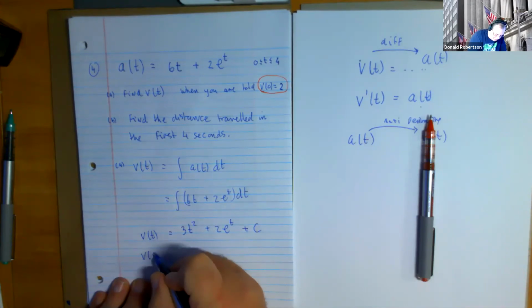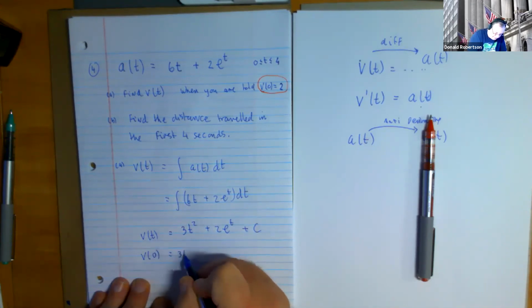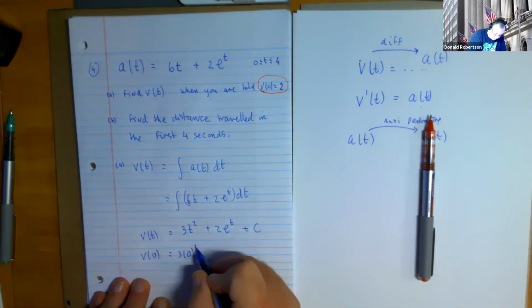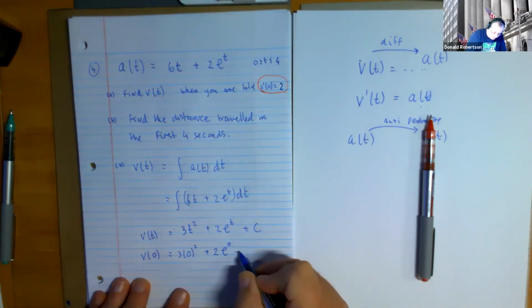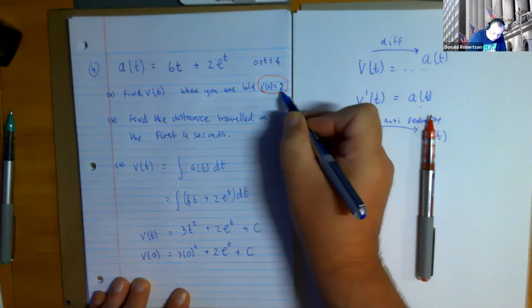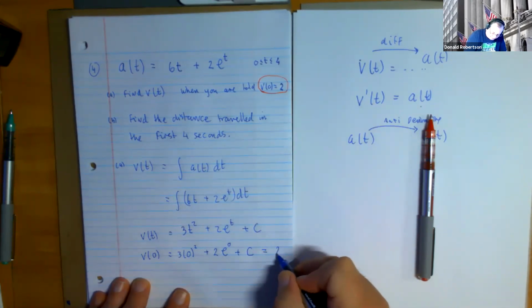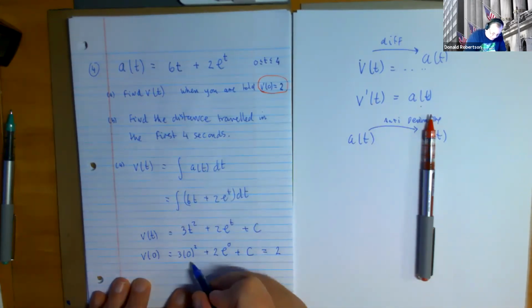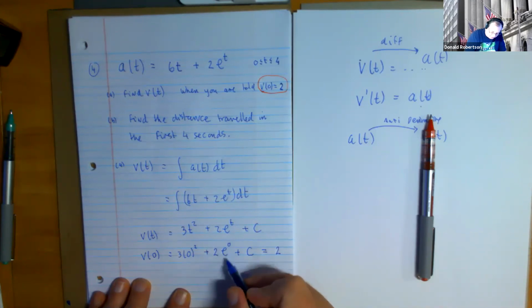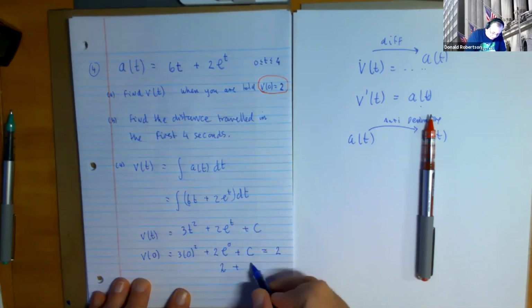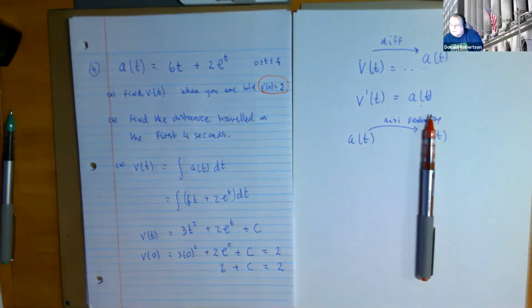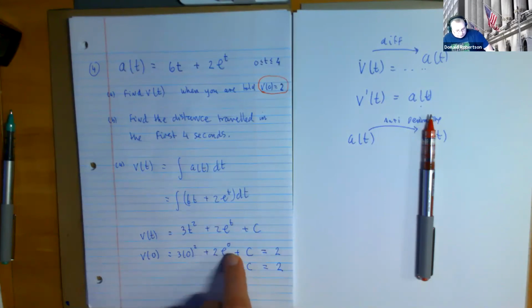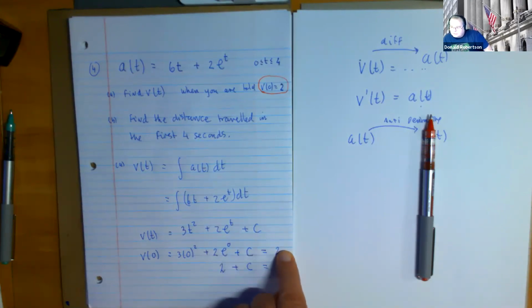The velocity at time 0 is 3 lots of 0 squared plus 2 lots of e to the 0 plus c, and we're being told that it equals 2. Well, that's nothing. Isn't that 2 times 1, so that's 2. So that makes that relationship. You agree that nothing plus 2 plus c equals the answer 2?